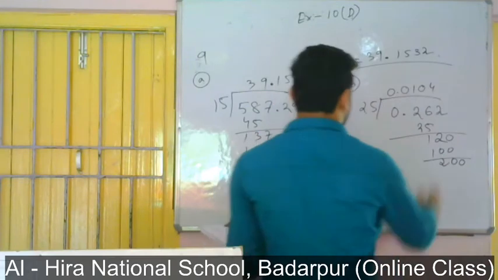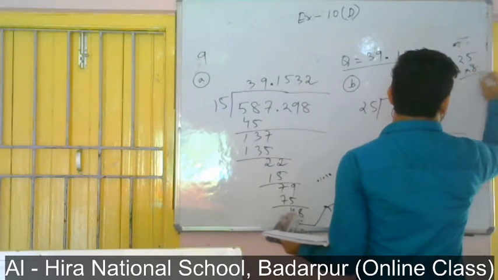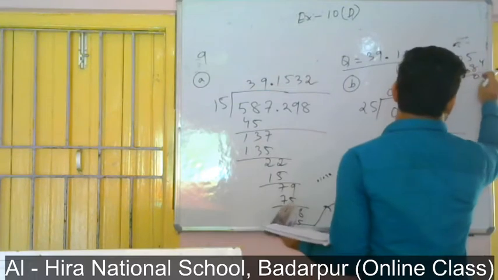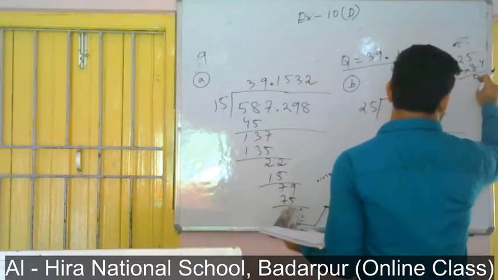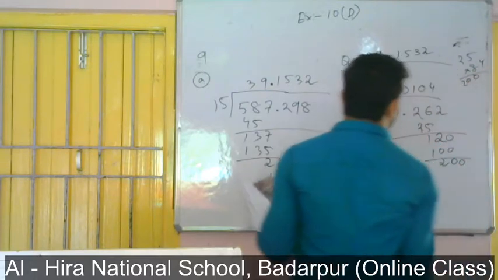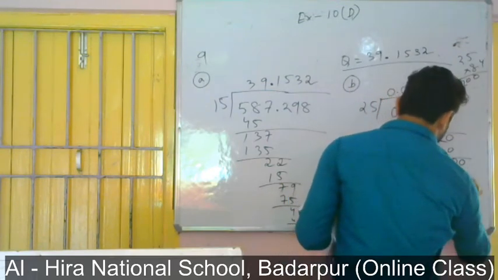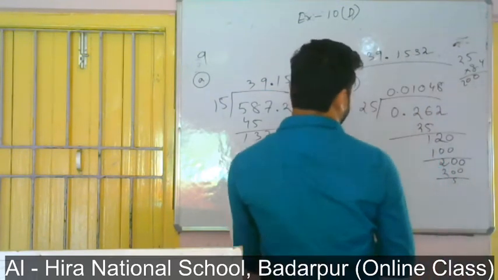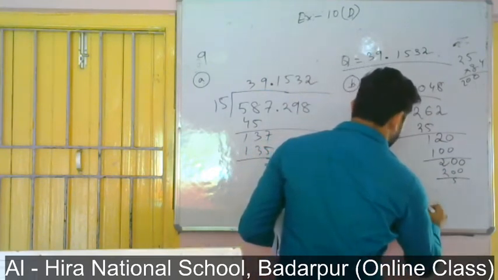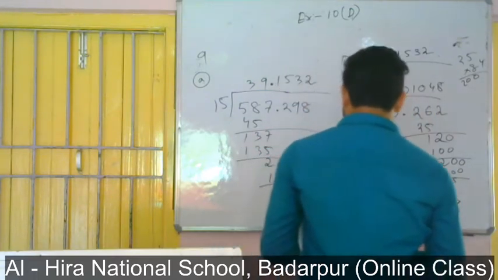Then let us check with 25 into 8. With 8 we are getting 200. So you can write the question equals to 0.01048.